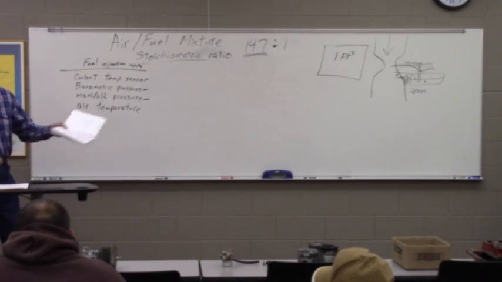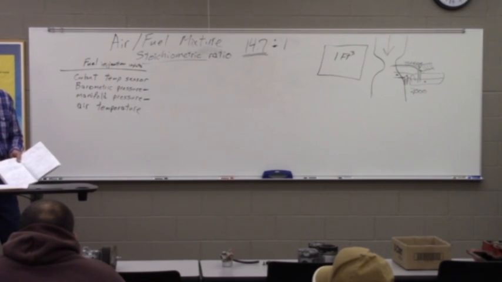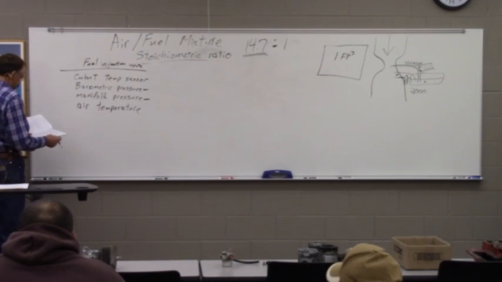Because at 80 degrees, it's expanded out, and say if it's all at the same pressure, there's actually going to be less molecules of oxygen to work with at the higher temperature air.